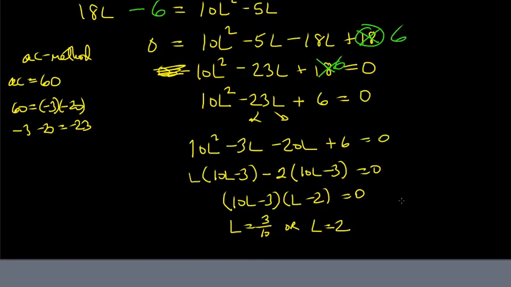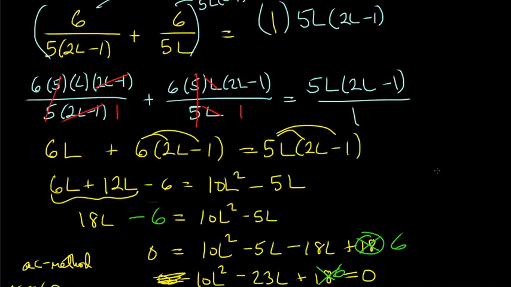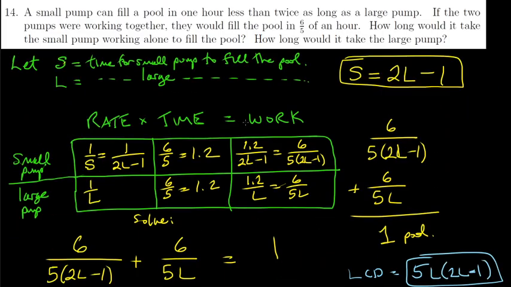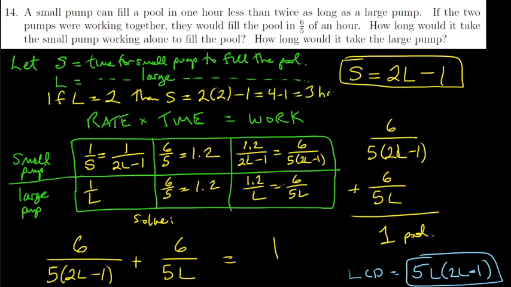So which one is it? I'm going to go way back up here. Well, if L is 2, then S, the small pump, would be 2 times 2 minus 1. 2 times 2 is 4. 4 minus 1 is 3. So that makes sense, right?